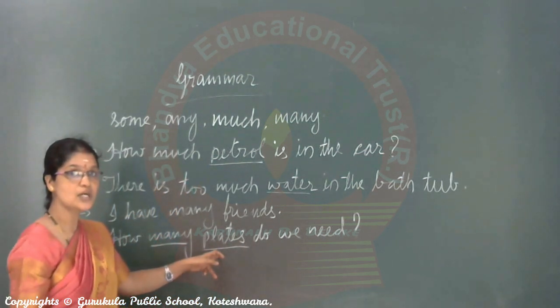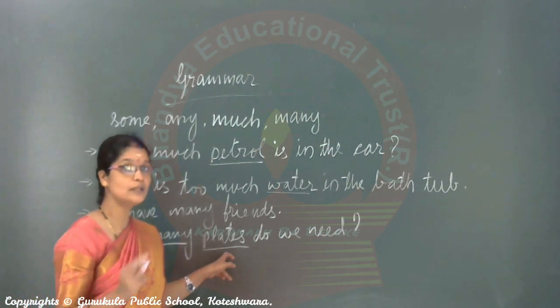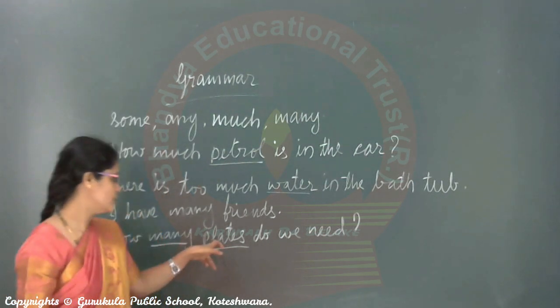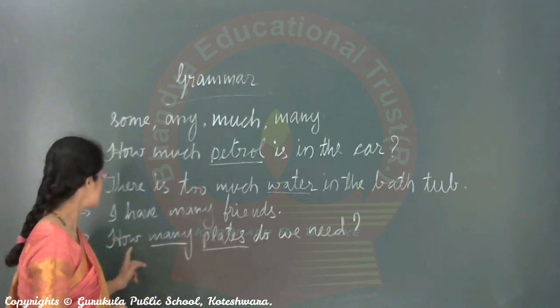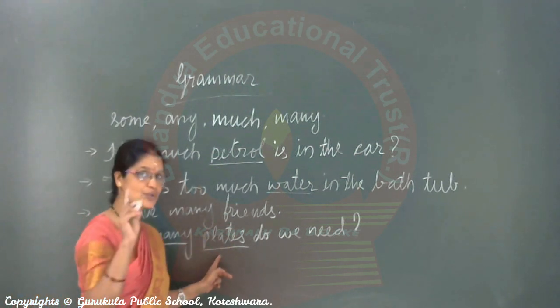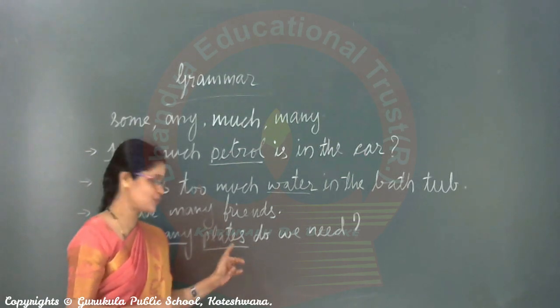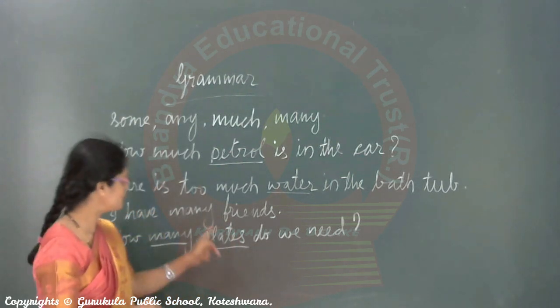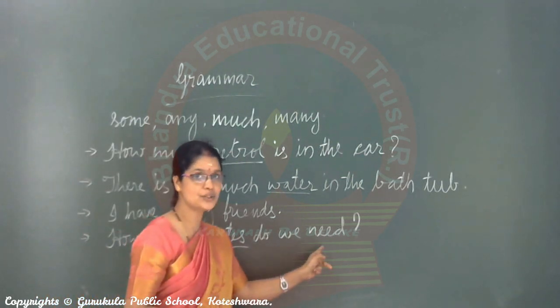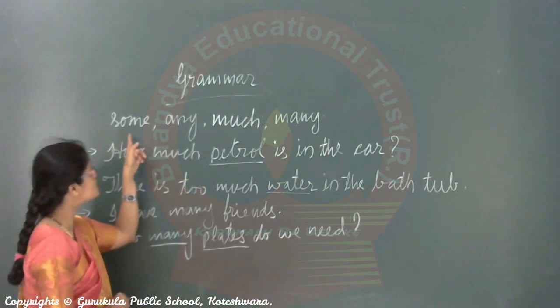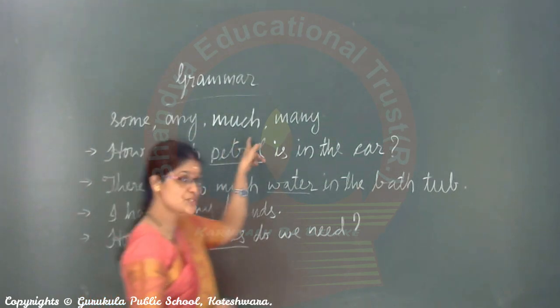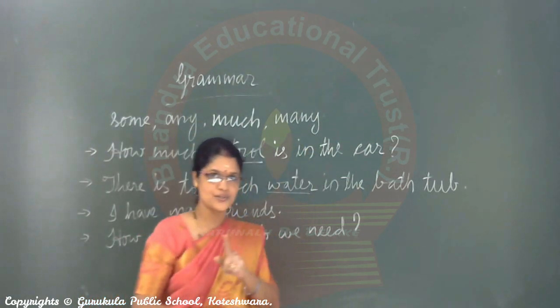Plates is countable, in plural form. It is not plate, plates is a plural form. "How many plate" is wrong. How many plates, use plural only. How many plates do we need? So you have understood how to use some, any, much, many in a sentence.